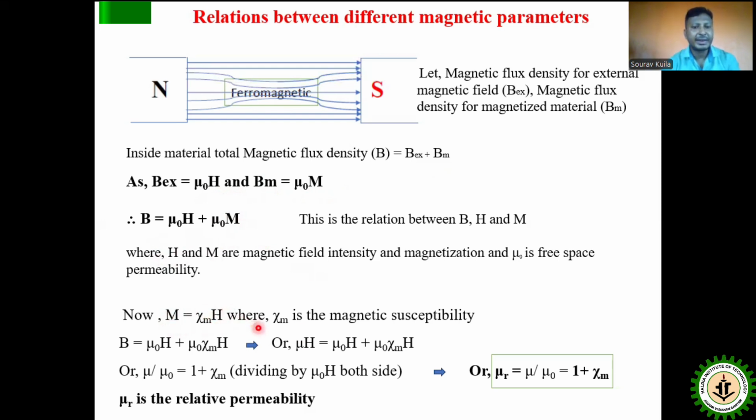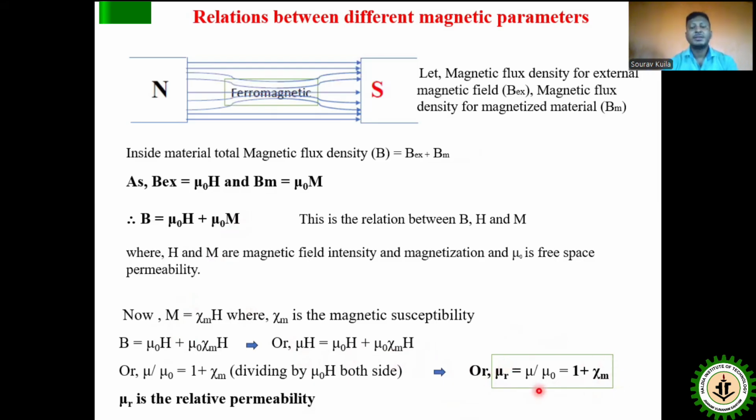The chi m is the magnetic susceptibility. If you put this formula in place of M and simplify it, you get this equation, and finally simplifying further, we get this equation. This is the expression of mu r.